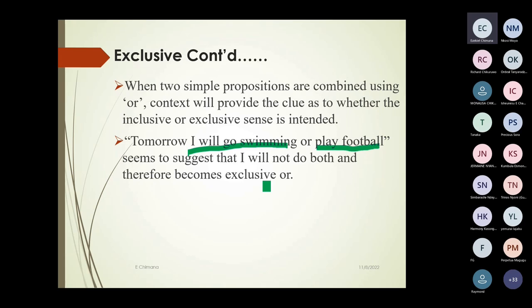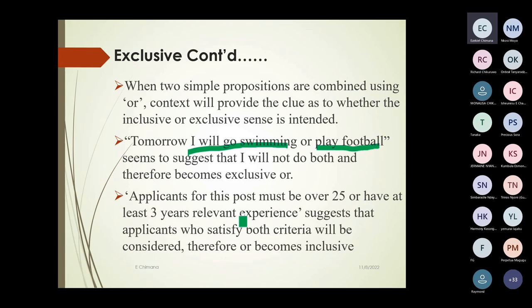There is no inclusive. So applicants for this post must be over 25, or have at least 3 years relevant experience. Suggests that applicants who satisfy both criteria will be considered. Therefore, or becomes the inclusive form.